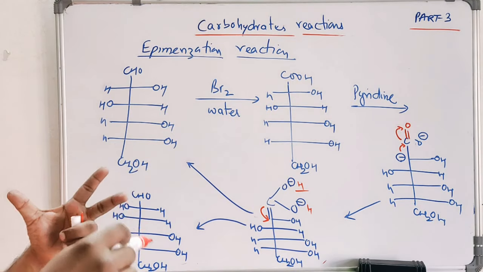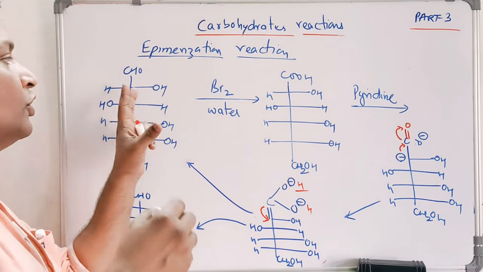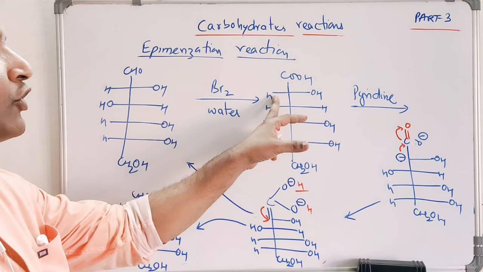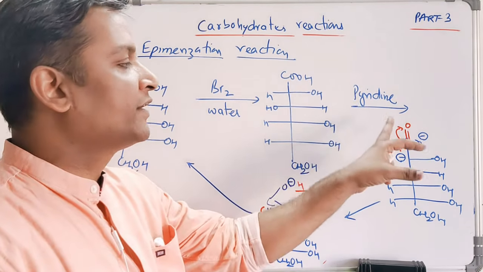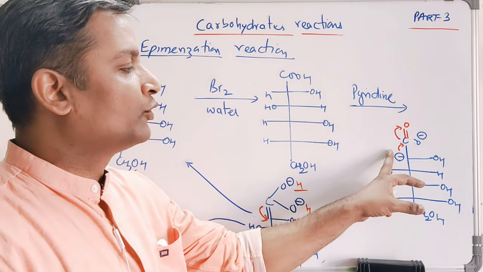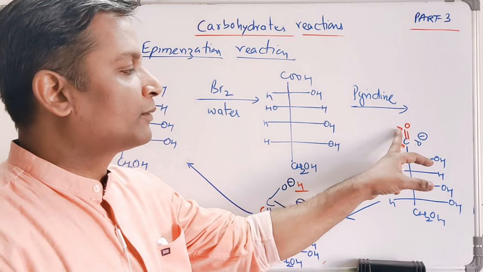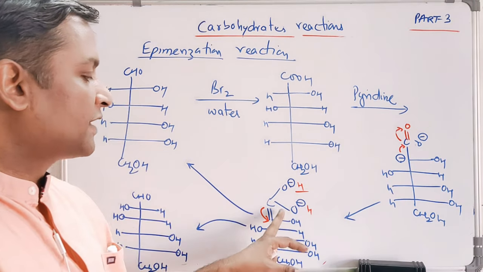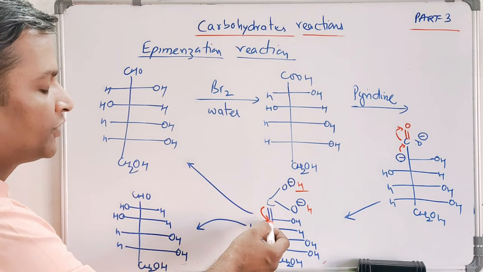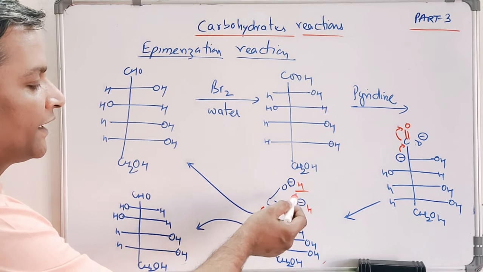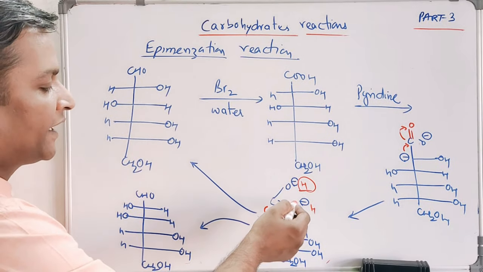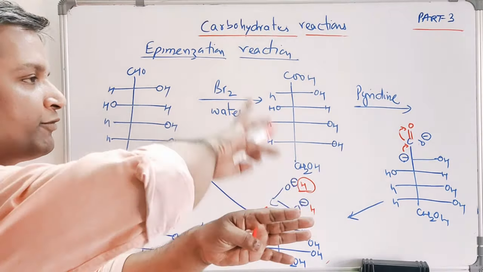So I'm just repeating this reaction. Glucose with bromine water gives us gluconic acid. It contains the acidic proton. This acidic proton can be removed by any base to give us this enol type structure. This enol type structure can undergo resonance with the carboxyl anion to give us this type of structure, and this type of structure can revert back to its initial state, and the attack of this H on reverting back can be from the front side or from the back side.